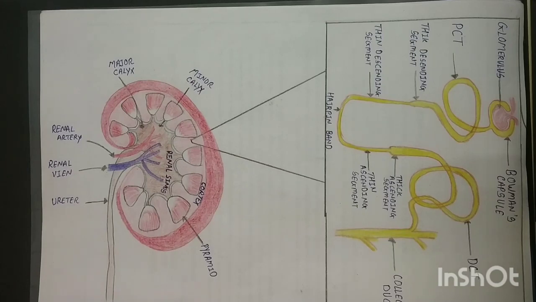Then you cannot palpate the kidney because it is very small and covered by a lot of muscles. That's why you cannot palpate it, but you can imagine and get a brief idea where the kidney is located in your body.